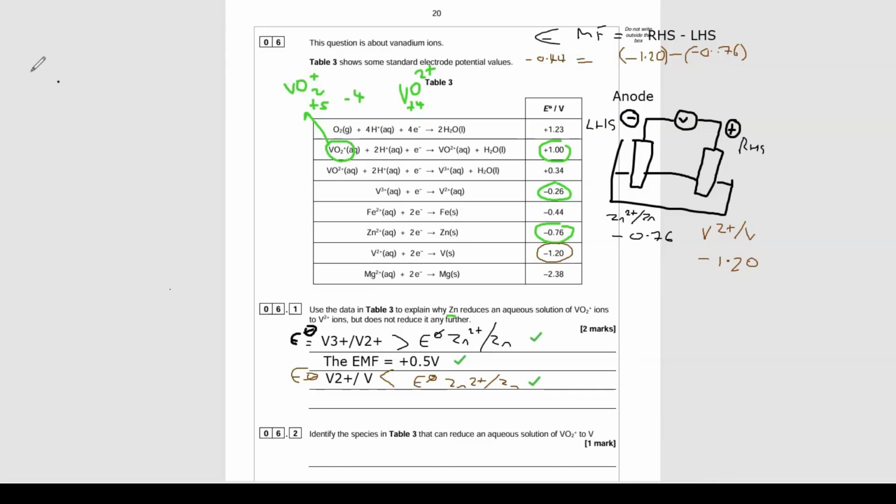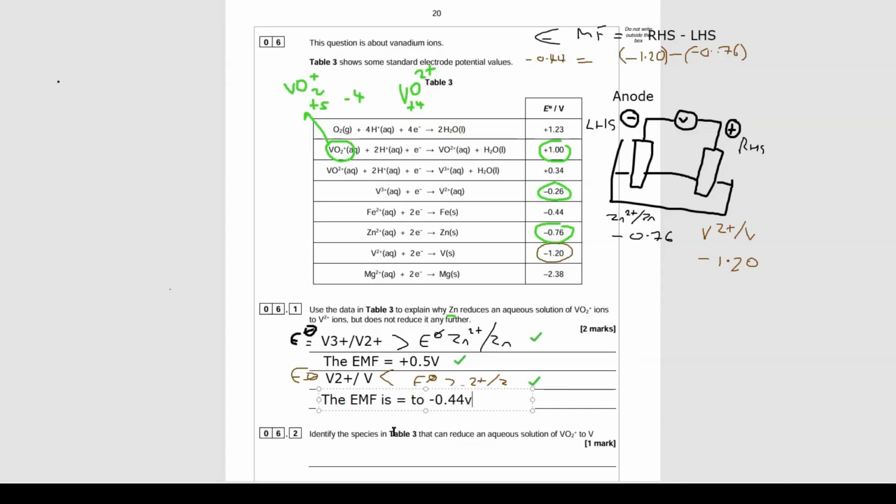So what you can say is the alternative: you can say the EMF between these cells is equal to minus 0.44 volts. Therefore, it won't happen.